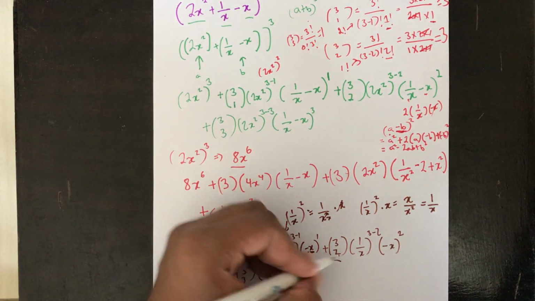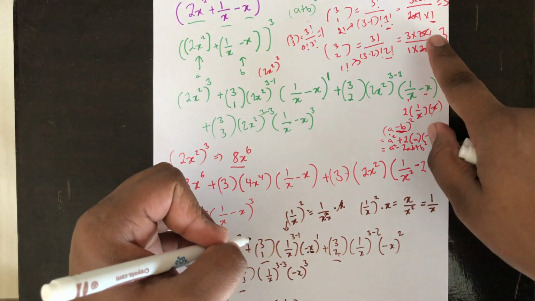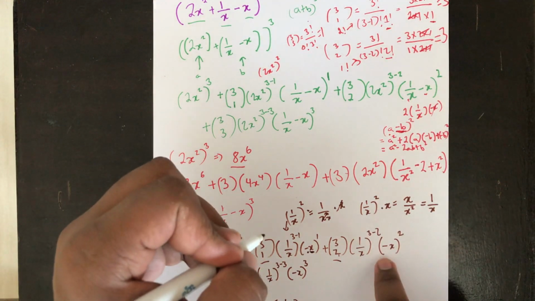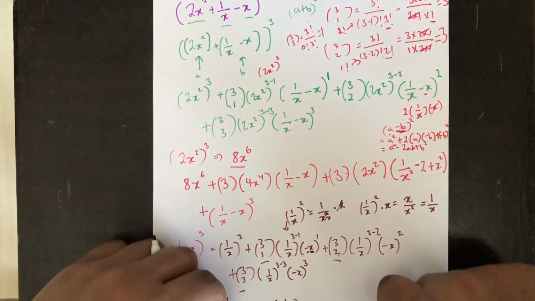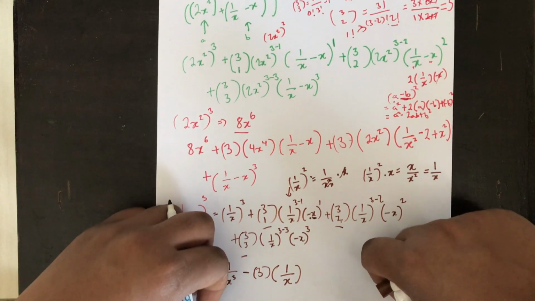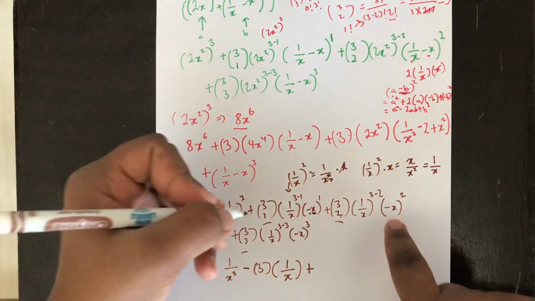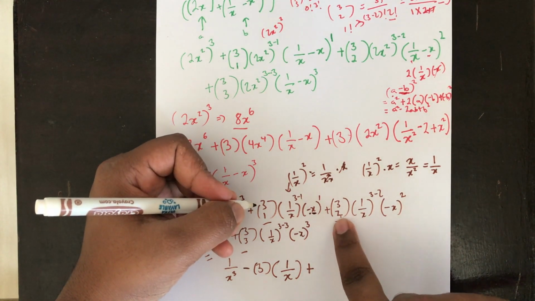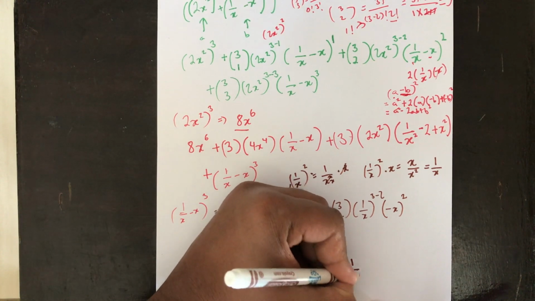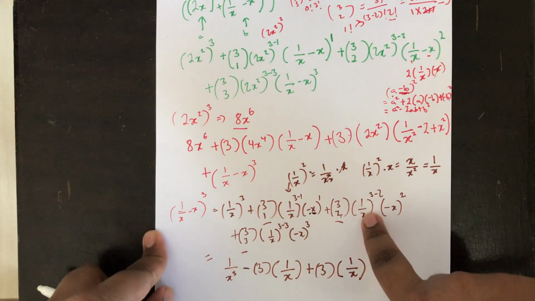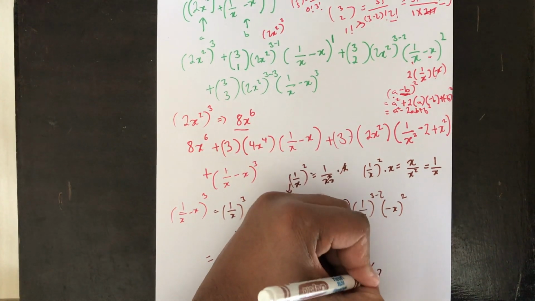So that's done. 3 choose 2. 3 choose 2 is also 3. We had got that here, and this is a minus sign, but you're squaring it, so you end up with a positive sign. You have a plus sign. So the way how this will be done is the plus will still stay, so it's just going to be plus 3 choose 2, and 3 choose 2 is 3, so 3 into 1 over x, because this is 1 over x power 3 minus 2, which is 1 over x power 1, times x squared.